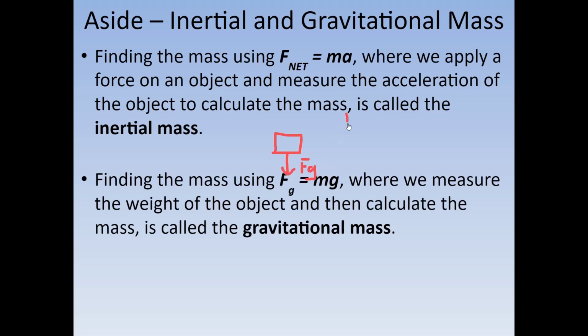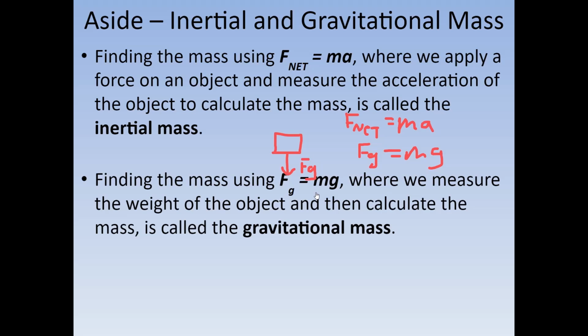So if we look at the F net equals ma equation, the force of gravity is our net force, and the acceleration it experiences is what we call the acceleration of gravity g. So that's where the Fg equals mg comes from. But it's one of those equations that, again, we use so often.